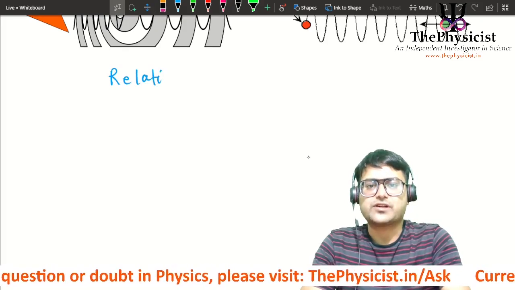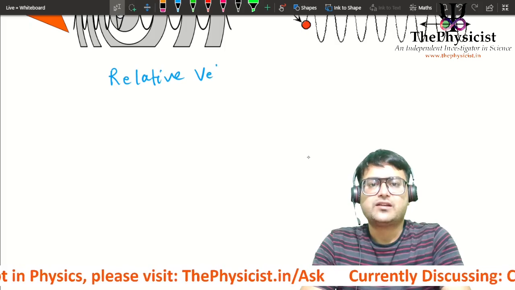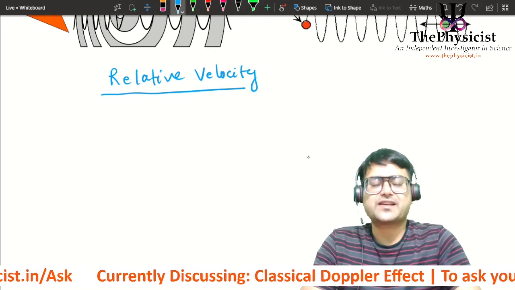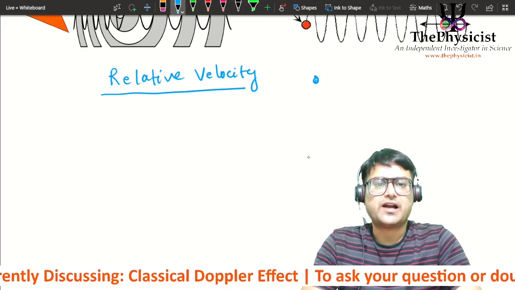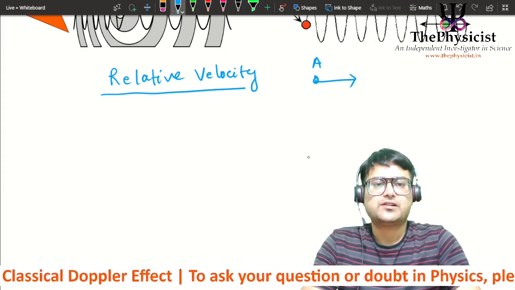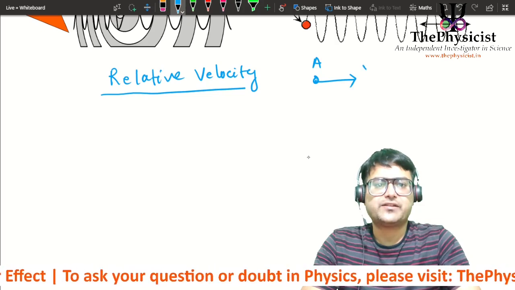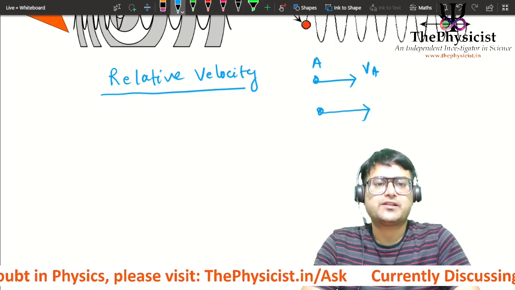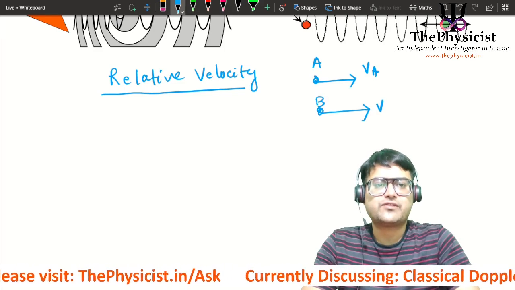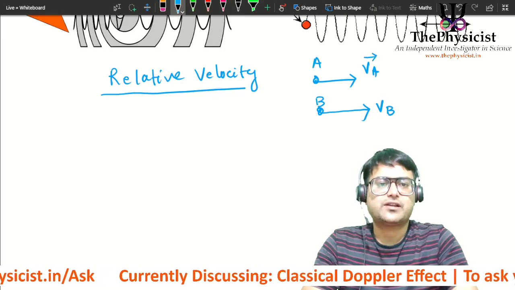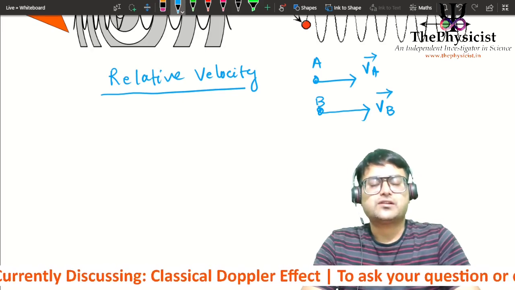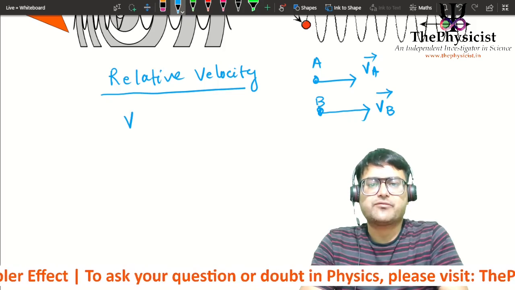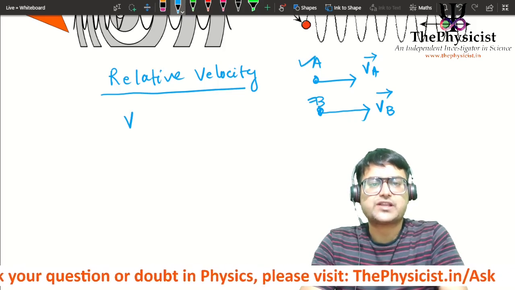Relative velocity. Now we are going to discuss relative velocity in the classical sense. If I have an object A moving with velocity vA, and another object B moving with velocity vB, both of them vectors, what will happen if I want to find the velocity of A with respect to B?